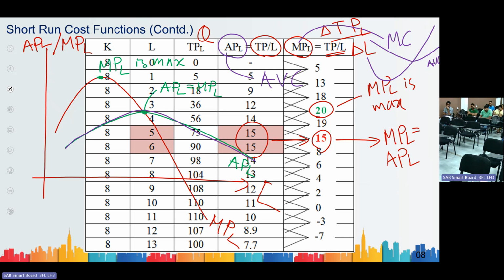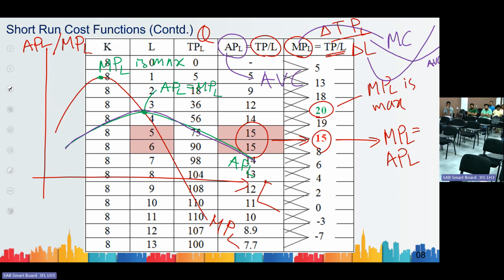So you can see these are production curves. These are cost curves. They are kind of interrelated. Their behaviors are interrelated, not their values. The values can be completely different, but their shapes are related.